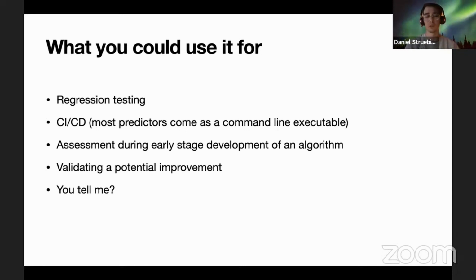Your ear is one source of evaluating that, but these predictors could be a secondary one. You could potentially integrate them into your continuous integration or continuous development. Many of these predictors come as a command line executable or a web service, so it should hopefully not be too big of a pain to integrate them into a CI or CD pipeline.